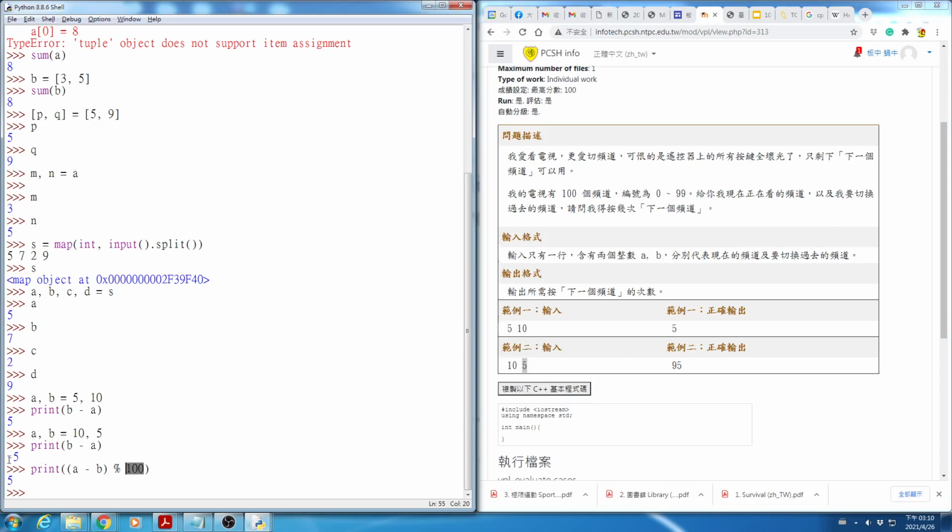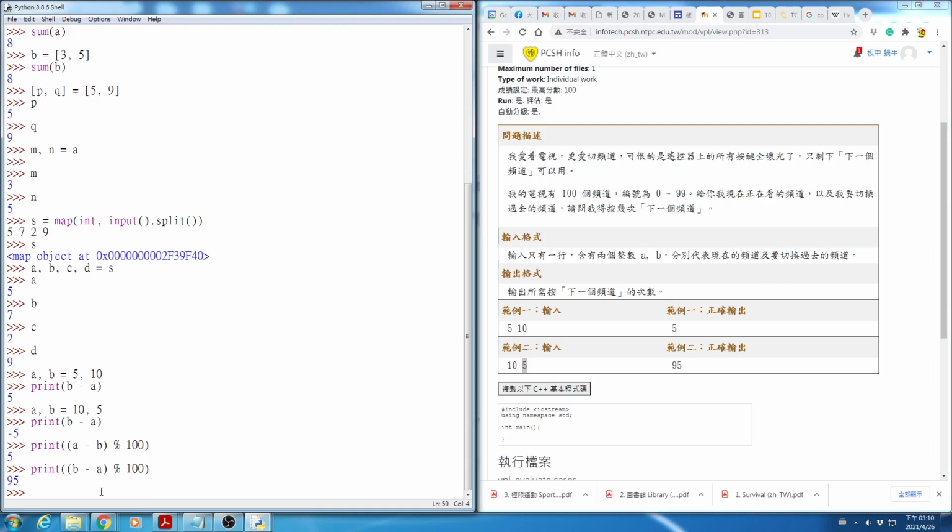But if it is negative 5, no, I got this one wrong right there. I'm sorry. Okay, look carefully. So this is negative 5, and it will get you 95. So this is the answer to the problem, all right?